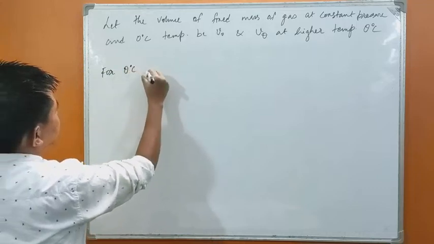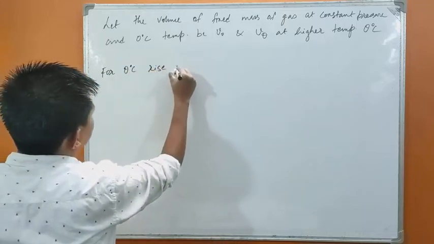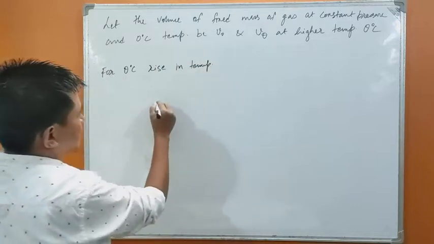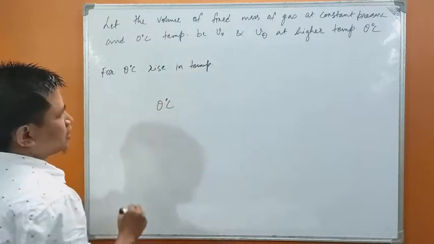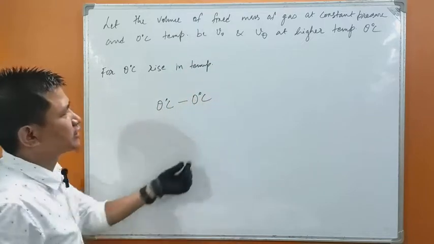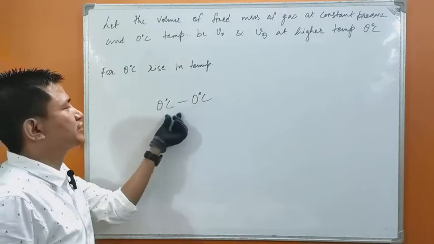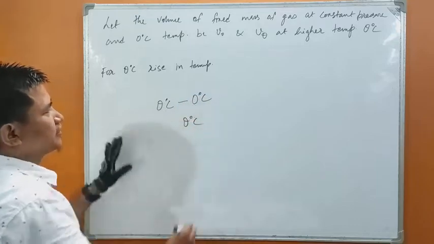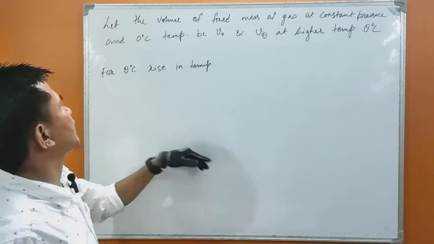For theta degrees Celsius rise in temperature, because increase in temperature is new temperature minus old temperature. Original temperature is 0 degrees Celsius, so theta degrees Celsius minus 0 degrees Celsius becomes theta degrees Celsius, isn't it? So increase in temperature is theta degrees Celsius.